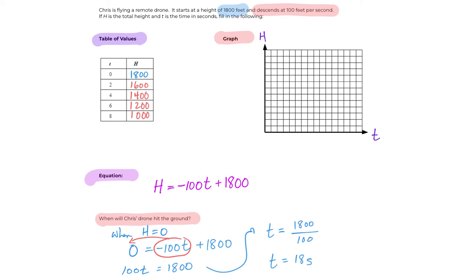I think I'm going to make every grid line just be worth 1. So if I start out at 0, then 2, 4, 6, 8, 10, 12, 14, 16. So I should be good that my graph is going to hit the bottom just off of my grid.